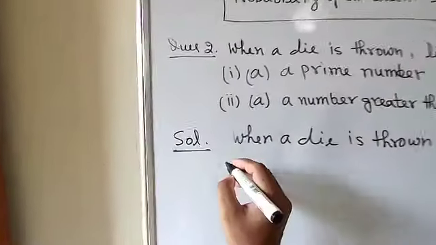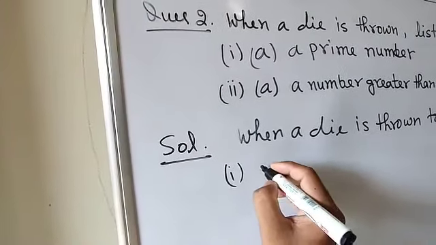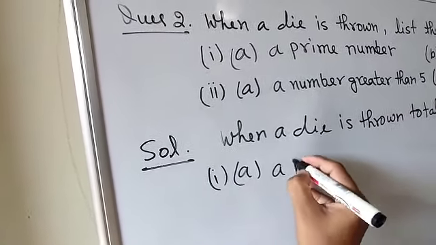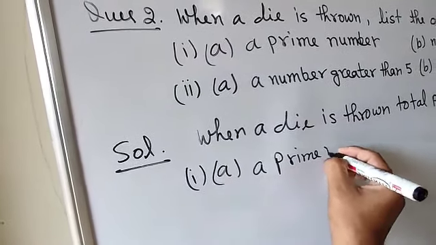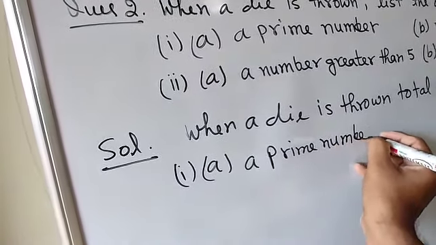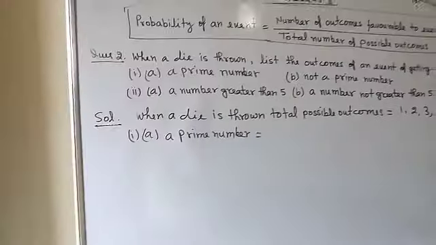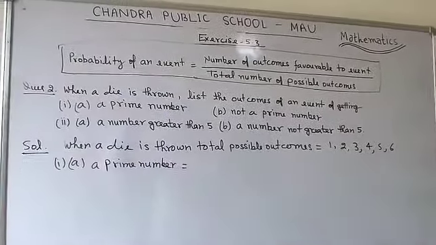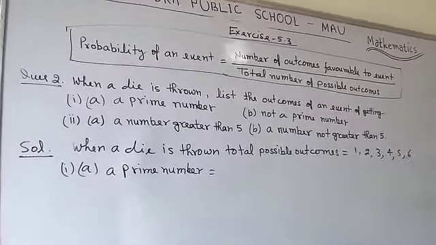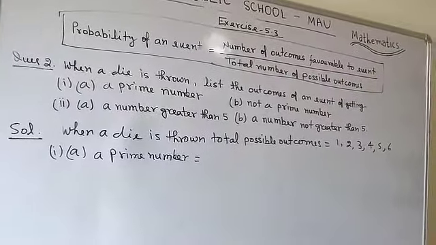Now I am going to the first, A part: a prime number. If you throw a Ludo dice, what are the possibilities for a prime number?